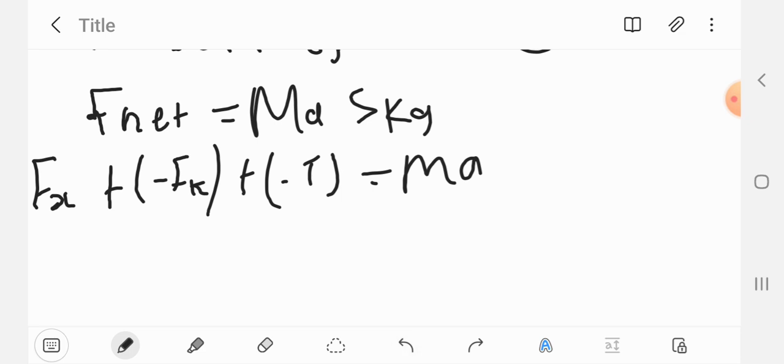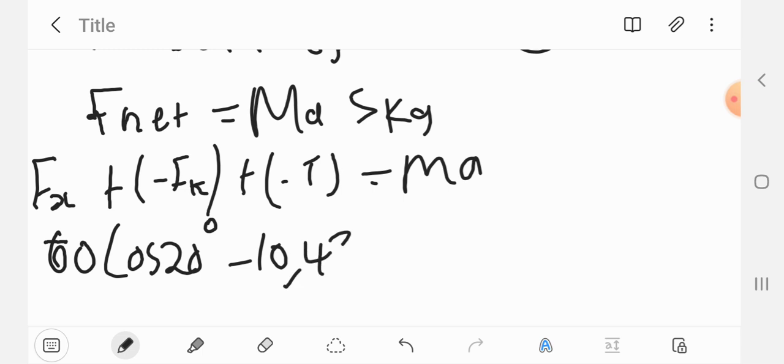Here I'm going to say 60 cos 20, this is the calculation we did, minus 10,43, minus T equals to 5a. You can always go back to the calculations that we did.